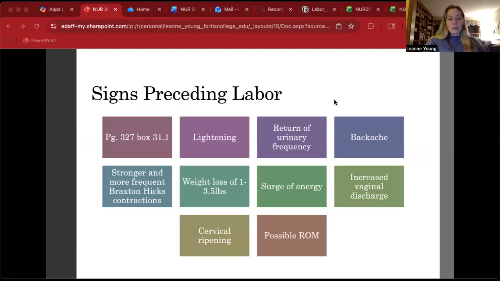Any increased vaginal discharge, cervical ripening. So, mom has made some cervical effacement or dilation or some cervical change, and then possible rupture of membranes. So if mom's water breaks, that's going to show that she's almost ready to go into labor. Okay. So all of these things can be some signs preceding labor.